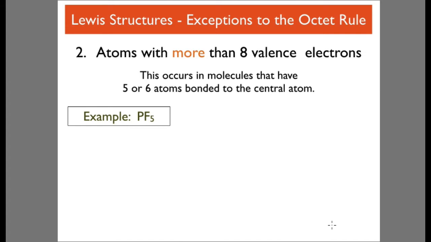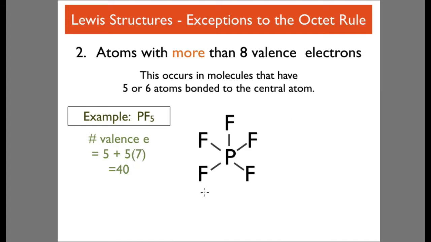Okay, let's have a look at some other exceptions to the octet rule. Atoms with more than 8 valence electrons. This occurs in molecules that have 5 or 6 atoms bonded to the central atom. An example would be phosphorus pentafluoride. How many valence electrons does it have? Phosphorus has 5, fluorine has 7, and there's 5 of them, so altogether it'd be 40.